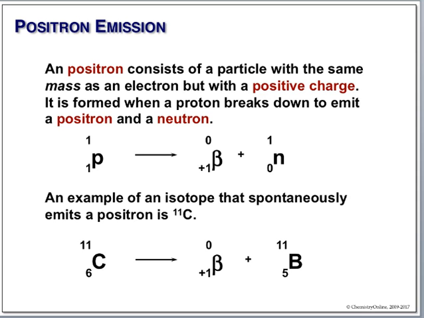It turns out that a proton, if it feels like it, can eject its positive charge as a positron and turn itself into a neutron. Carbon-11 ejects a positron and forms boron-11. So the proton simply turns into a neutron and ejects the positive charge. Kind of strange.